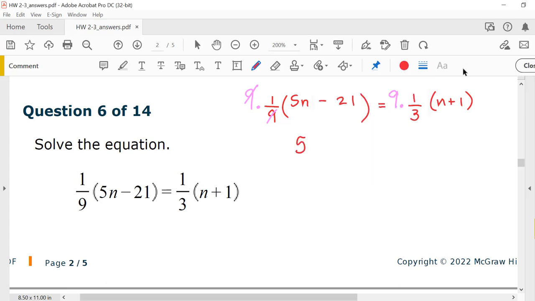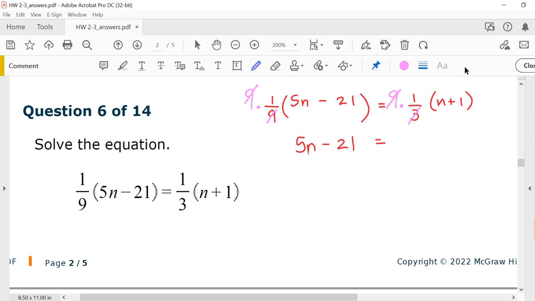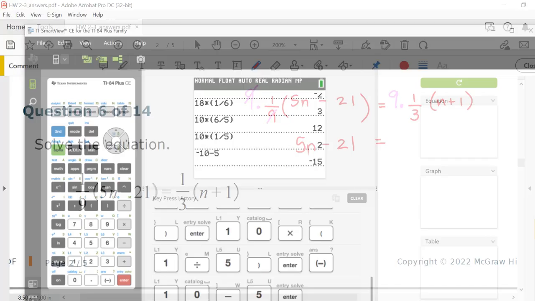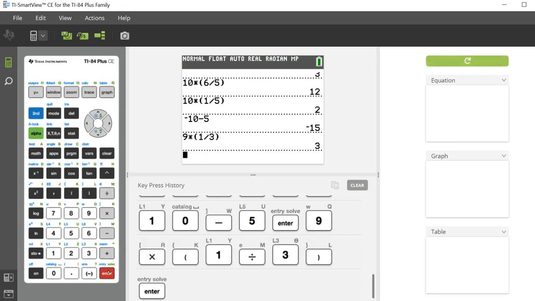So on the left, I have 5n minus 21. On the right, 3 goes into 9 3 times. I'm not going to do that one. Okay. If you're used to using your calculator, 9 times 1/3 is 3.